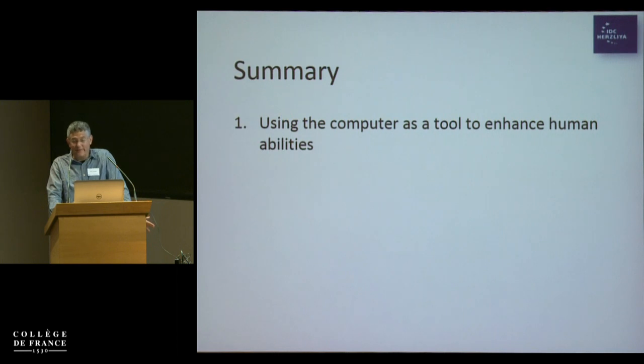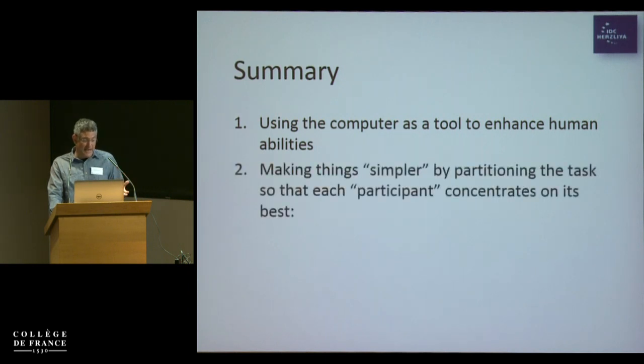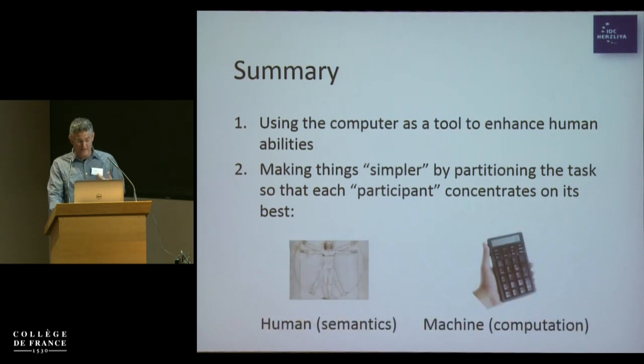So to summarize, in all the examples I've shown you, we were trying to use the computer as a new tool to enhance human abilities in terms of expressiveness and creativity. And maybe the key idea is to try to make things simpler by partitioning the task into what is difficult for the human being to do, and letting the computer do that, and what is difficult for the computer to do, and getting help from the human to do that.